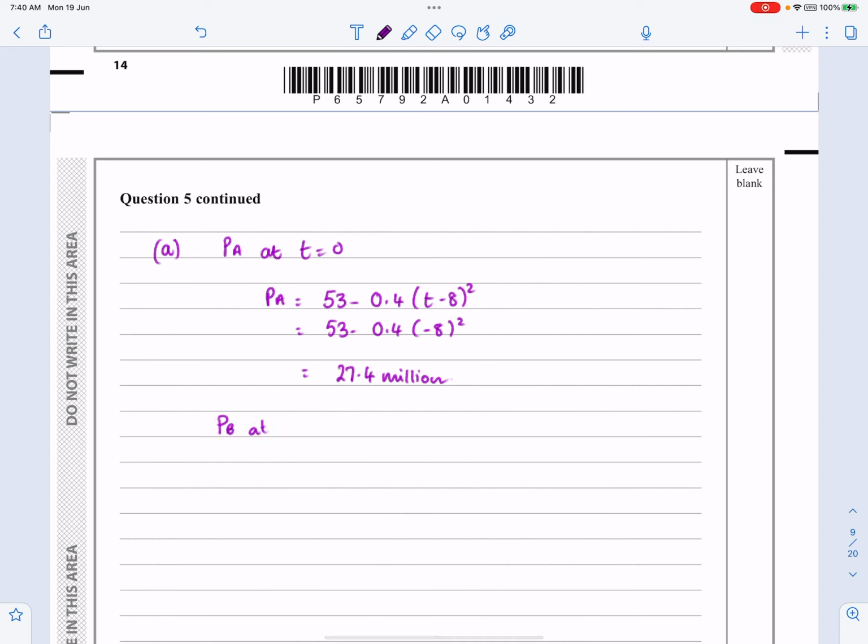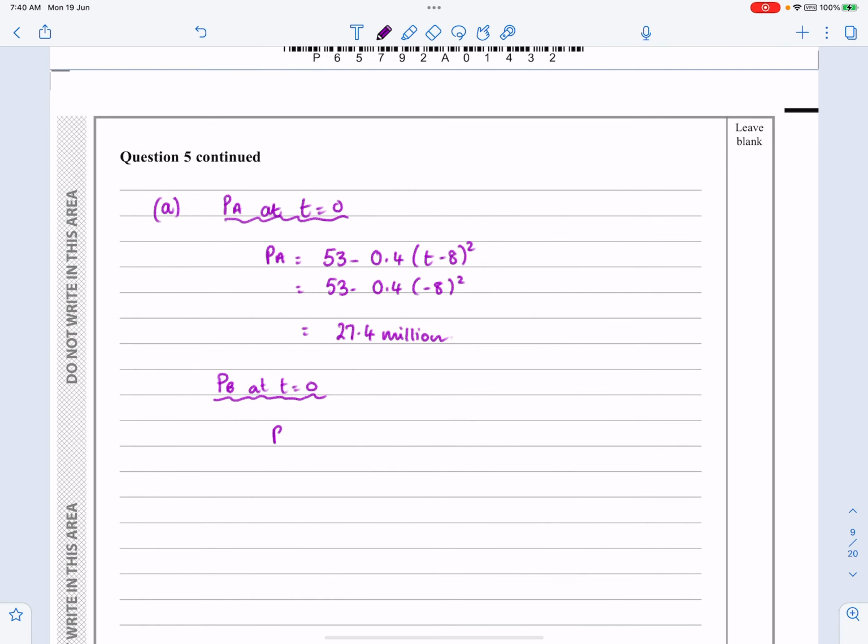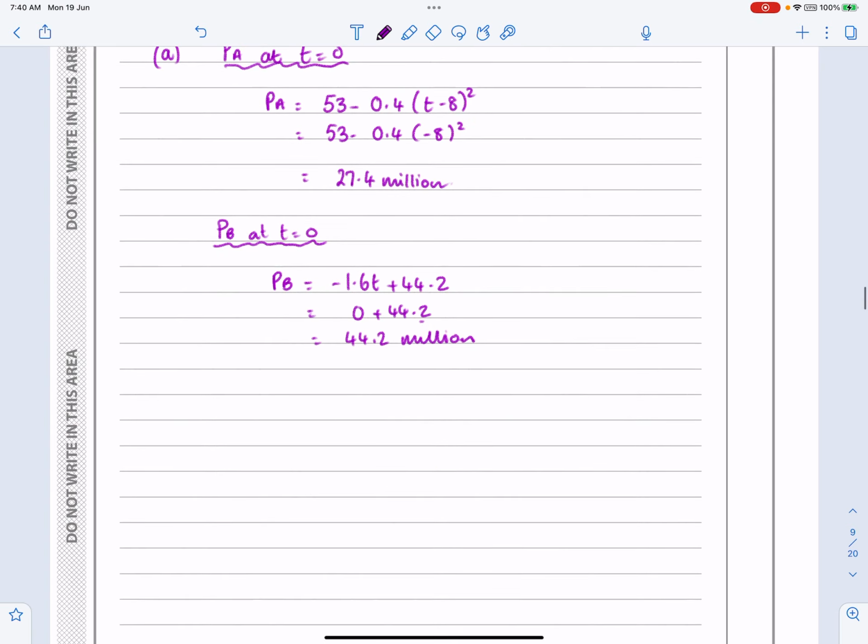Let's do the same for PB. So PB at t equals 0 as well. So PB is given by minus 1.6t plus 44.2. So at t equals 0, that's going to be 0 plus 44.2. So that's going to be 44.2 million. And what the question says is the difference.